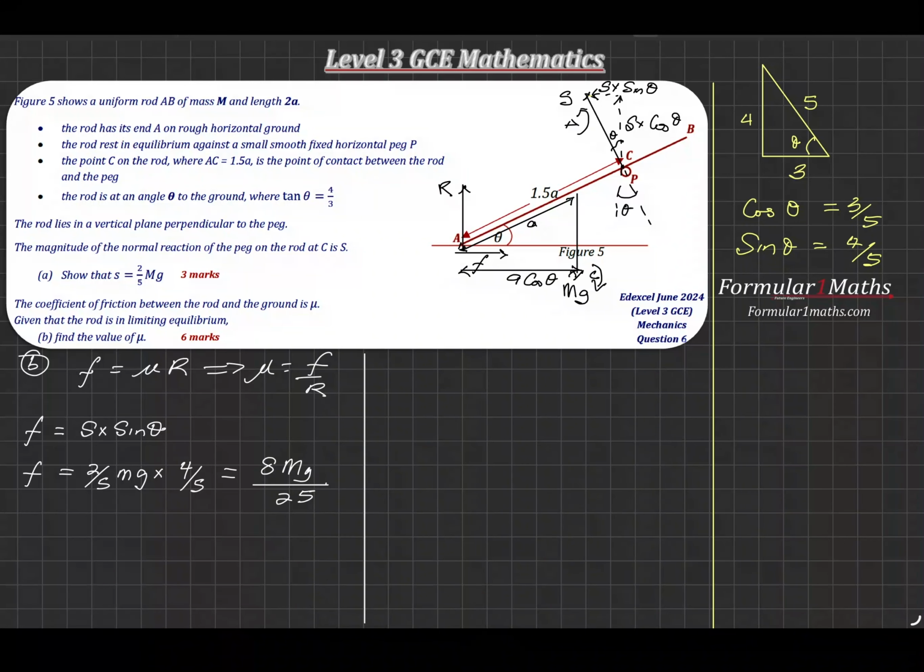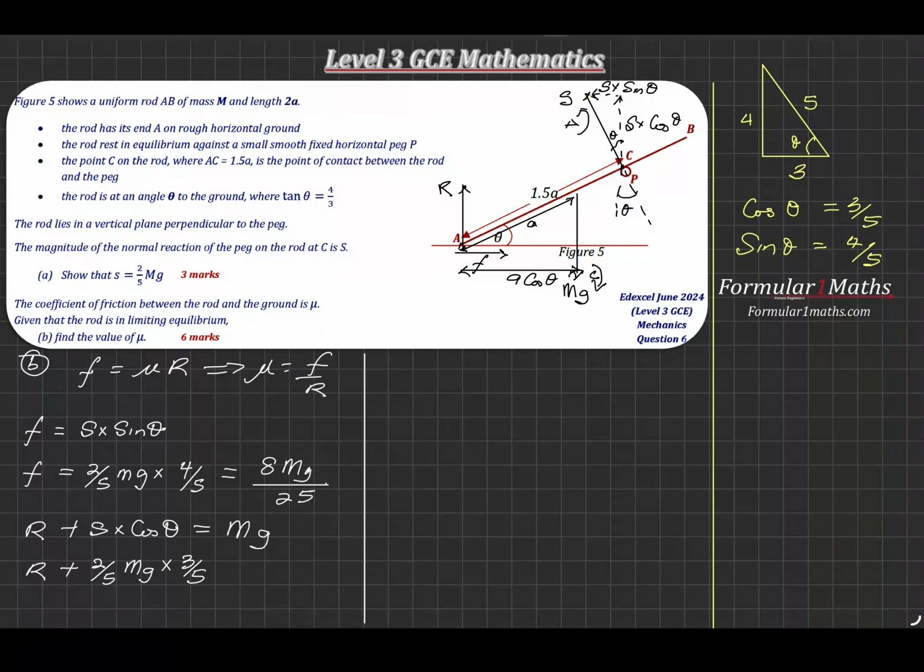So I can write this equation down as well. And so I can say that R plus S times cos theta is equal to the only force going down, which is mg. So R plus S, we know to be 2 over 5 mg, and cos theta we know to be 3 over 5, and that would be equal to mg.